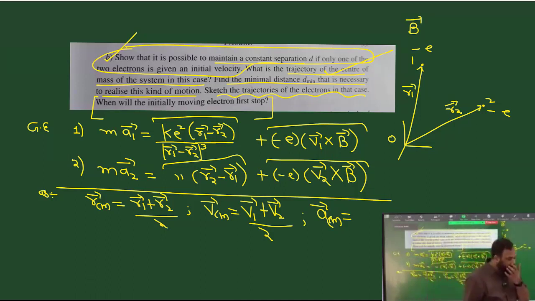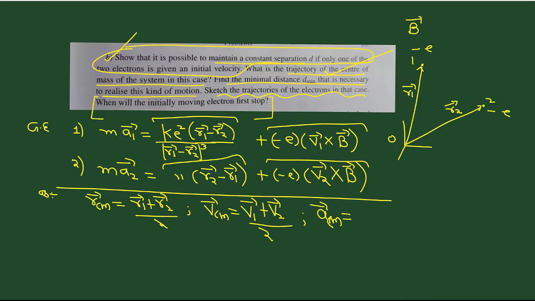Otherwise, generally, if the person who is generating the field and the person on whom it is being acted upon are a part of the system, then the force will cancel. But here it is not the case because the generator B is outside the system. That is where the problem lies. And if somebody simply puts up the question, I cannot make a direct comment. That's why I have to go through all this.